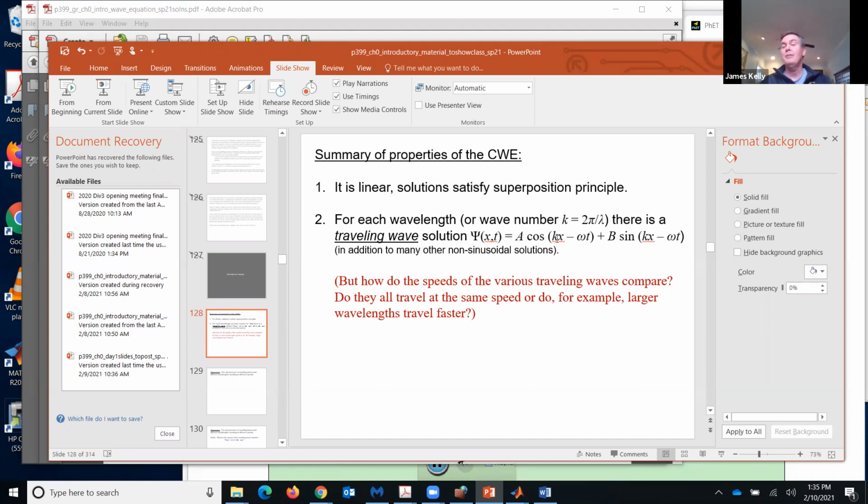There are lots of different wavelength solutions. That's not only true for the cosine function, but also for the sine function. Since they're individually solutions, any linear combination of them is a solution. So this is our most general traveling wave solution, as long as omega and k are related in the way we found.